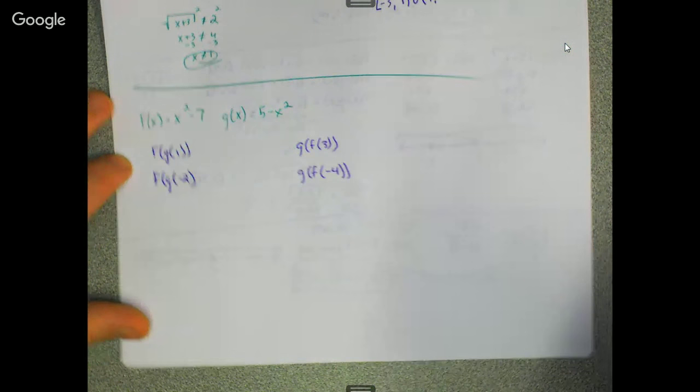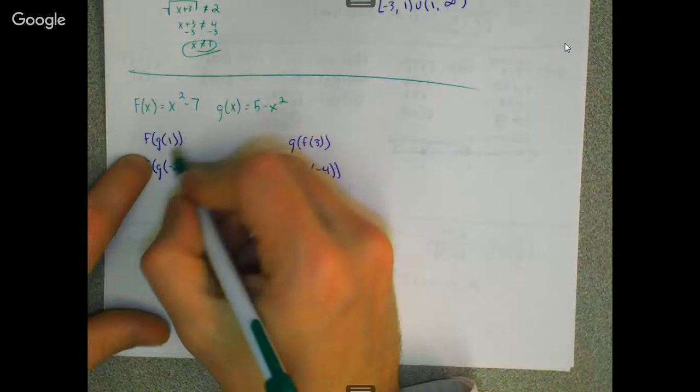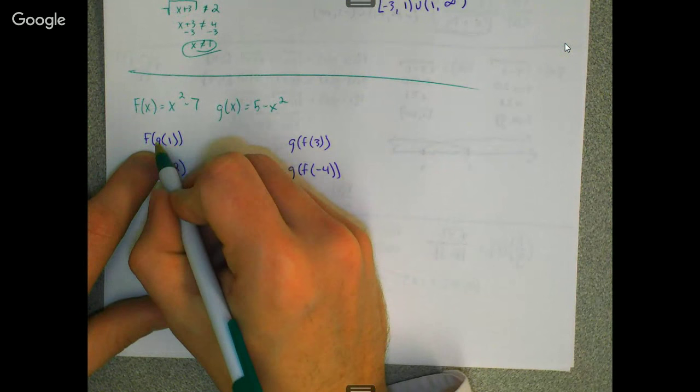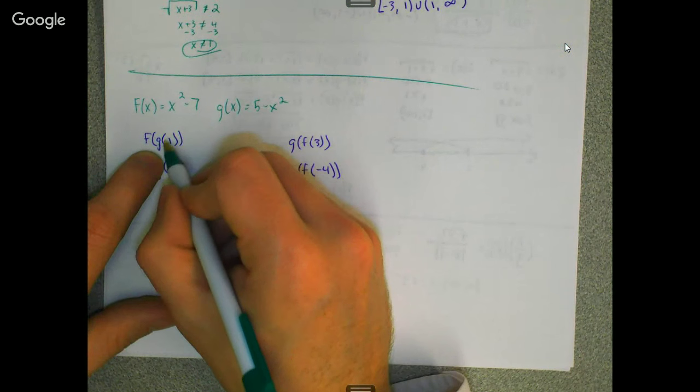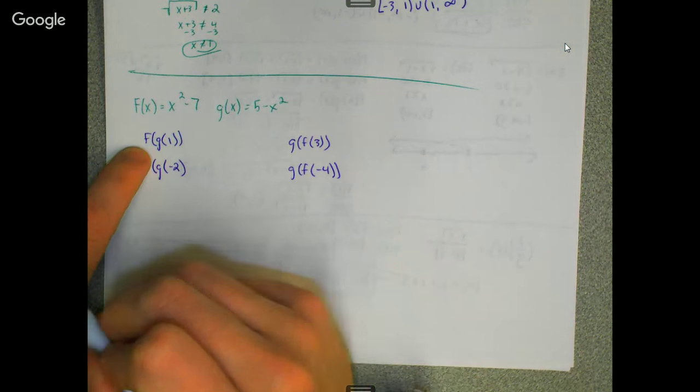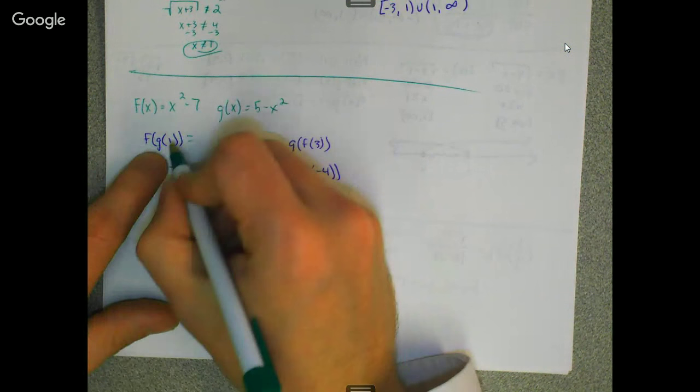Okay, so what is this telling me to do? Well, this is telling me to take 1, plug it into g, get an answer, take that answer and plug it into f. Okay, so we'll take 1 into g.